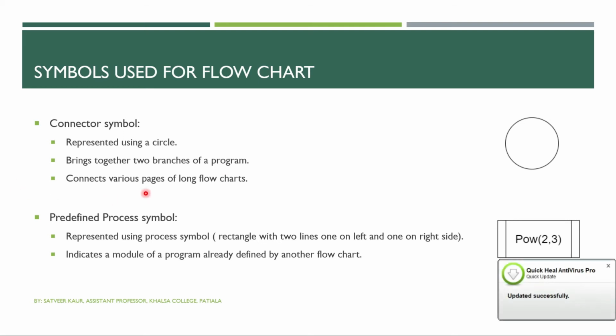Basically, it connects various pages of long flowcharts. Next one is predefined process symbol. It is represented using a rectangle with two lines, one on the left and one on the right side. It indicates a module of a program already defined by another flowchart.